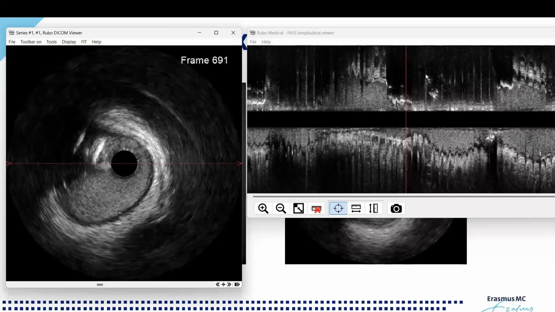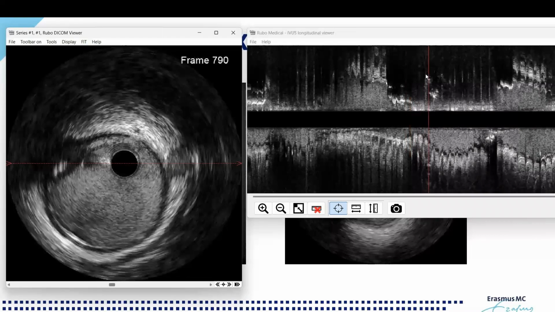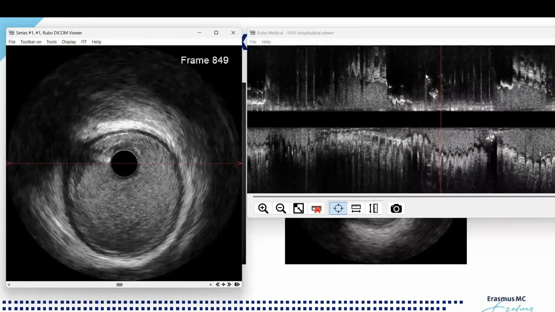Fibrous plaque is also more stiff and will have less movement, but it's easier to crack than calcium. And the calcium we saw with a shadow. I think on the way we will find a couple of pullbacks where we have all three types of plaques in there.